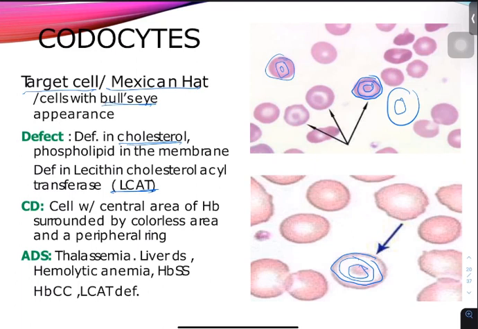The cell with central area of hemoglobin surrounded by your colorless area and a peripheral ring. So may additional ring siyang nakikita, kaya tayo nagiging bullseye appearance. Okay, associated diseases are your thalassemia, liver diseases, hemolytic anemia, hemoglobin S, hemoglobin C, and then your LCAT deficiency.